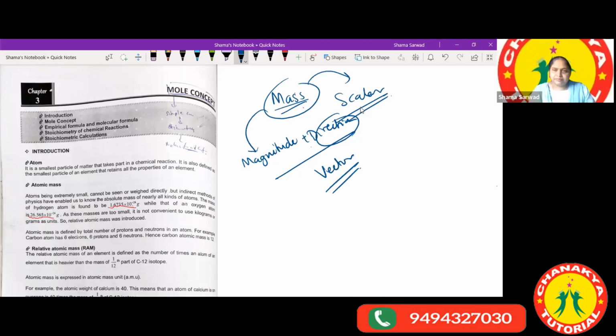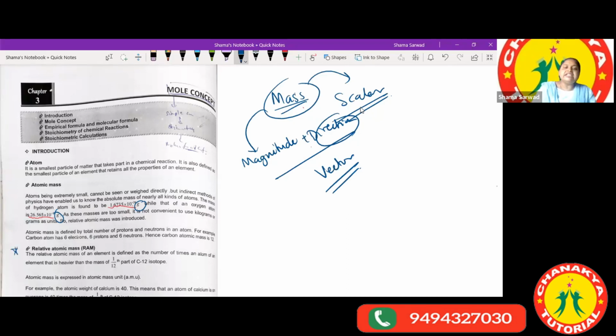For that reason, the mass of atoms cannot be measured in grams or kilograms, because it is too small. Hence, we need a special unit to measure the atomic mass, and that is relative atomic mass.